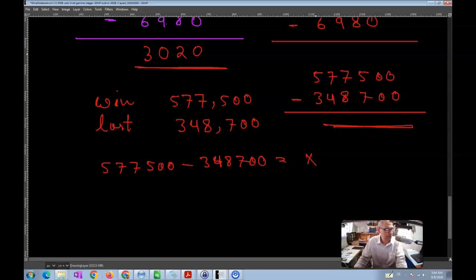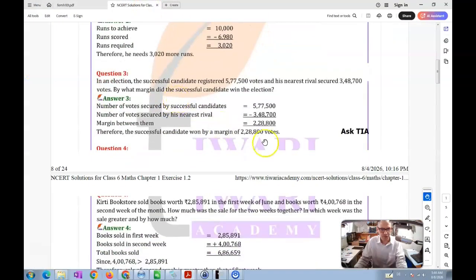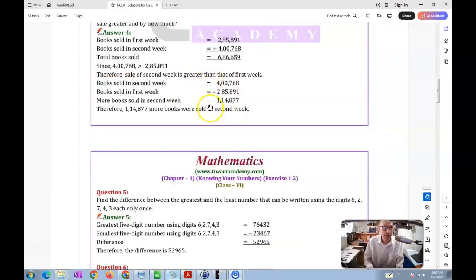And in the answer, you can also find it over here. See, of course the equal sign you don't really need here. So you do not need the equal signs, only the subtraction sign, and that would be enough.